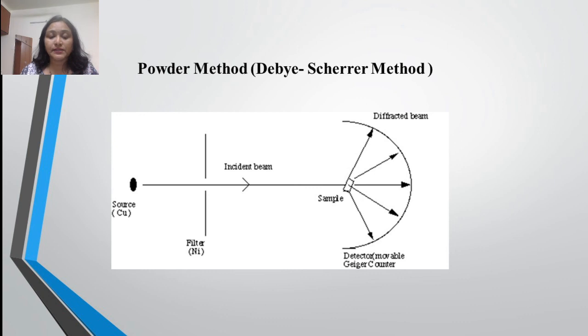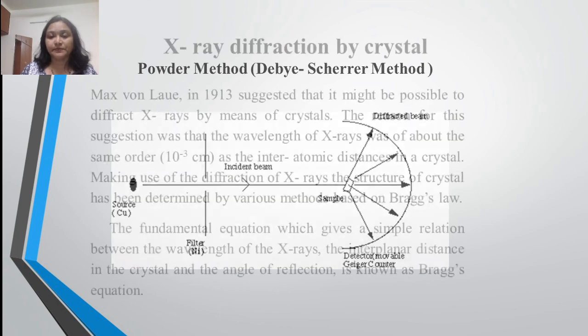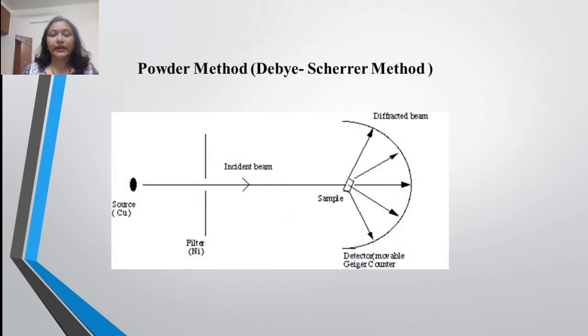From the distance of the arcs from the center, the crystal structure can be determined. Here the detector is a Geiger-Müller counter, and hence from all these methods the structure of the crystal could be determined by knowing the interplanar distance calculated from Bragg's equation.